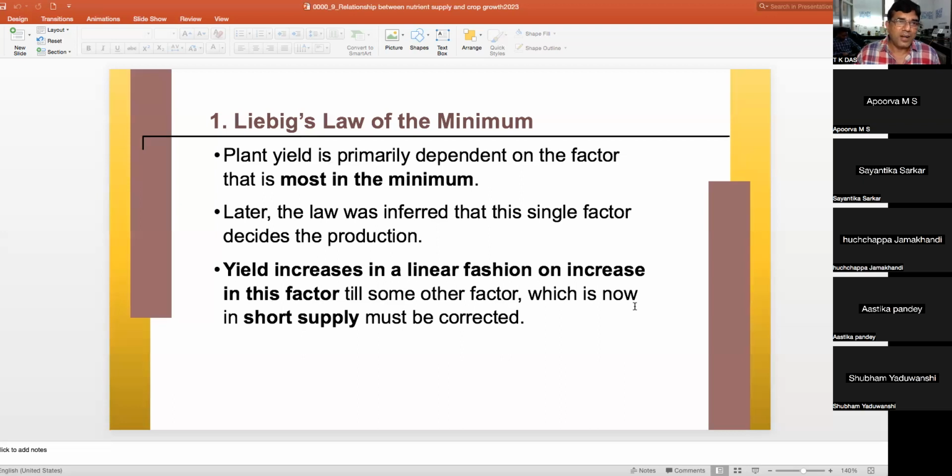If you add a little salt, then your desire to eat will increase. And then you can add still more salt, then you can eat. So you need to optimize the salt. Next time you will say, okay, I also need ghee. So ghee can become your second important factor. So likewise, Liebig's law of the minimum can be understood.